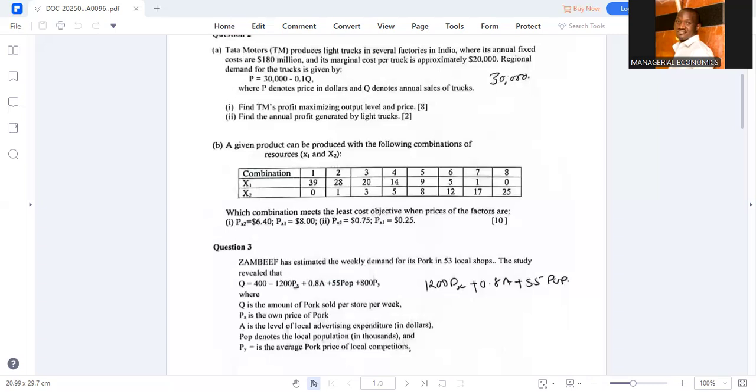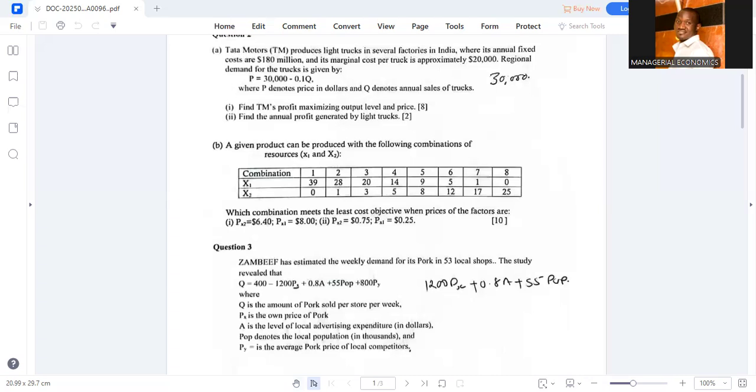In our preamble, I'd explained what least cost is. Okay, so we've been given our combination. So maybe let me just take you through some concepts in isocosts.